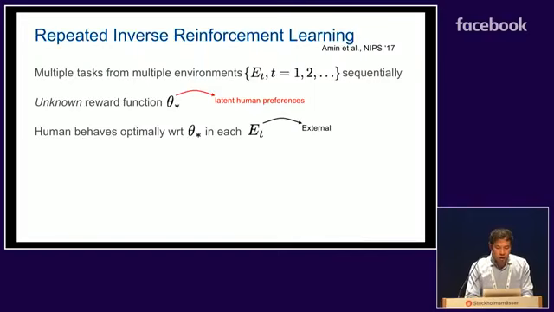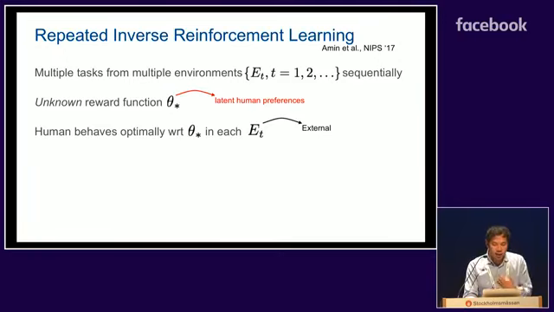And before moving on, I want to touch on a paper from NIPS 2017 by Amin et al. in the inverse reinforcement learning setting. Say we have an unknown reward function theta star, and as we talked about in the first half of the tutorial, uncovering theta star from single-task inverse reinforcement learning is not a well-posed problem, right?